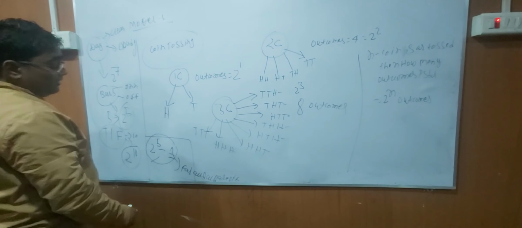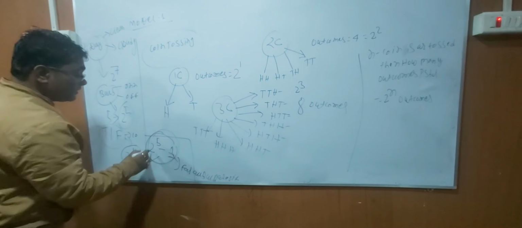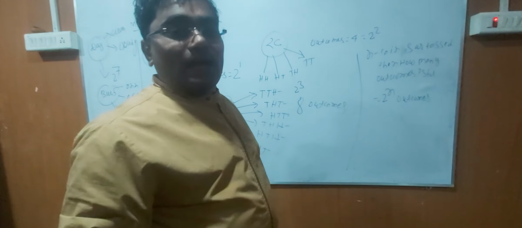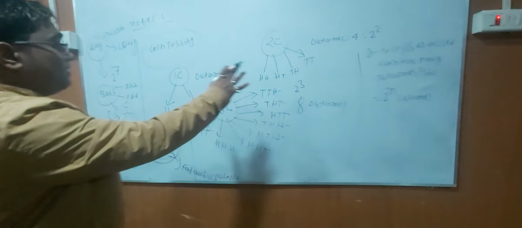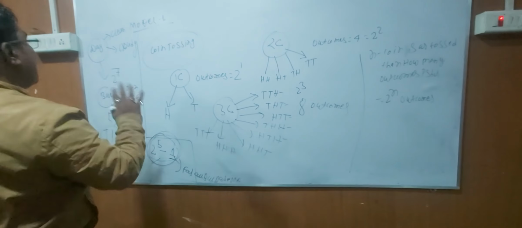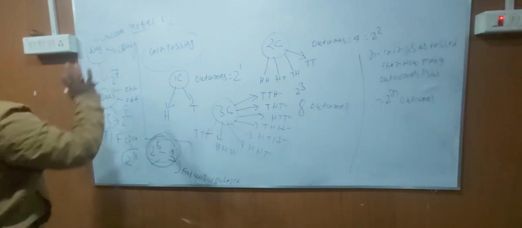Room is not lighted. Okay. So this is the total number of ways in which we can light the room. Okay. You can understand all these things. Coin, day, clean. Wherever 2 outcomes are possible, then think like coin, think like day, think like bulb, think like true false question.